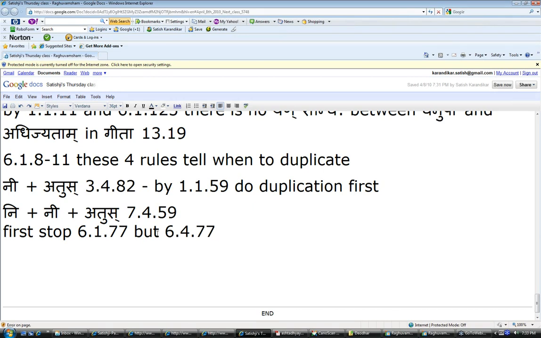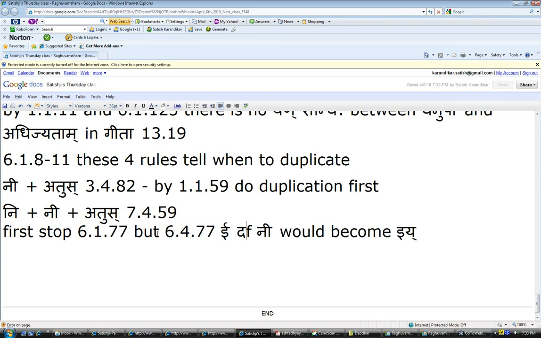By 6477, the i of that ni would become iya, short i, iya. So we would have niniyatuhu, which is the wrong form. I'm sorry, there's something wrong here.